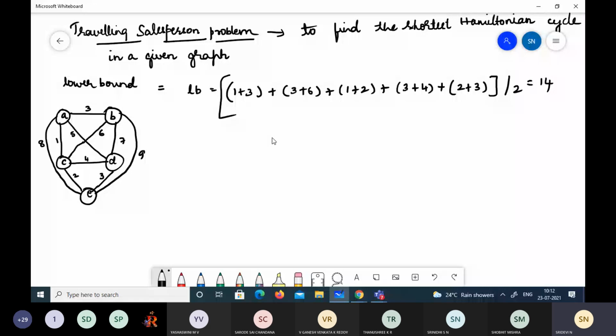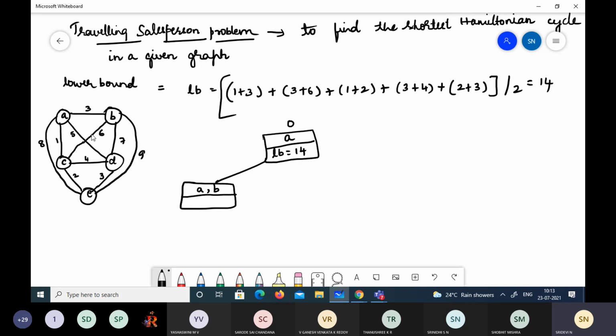Now let's start with the problem. So first the tour starts from A, and this is the 0th node, and we know that the lower bound for this will be 14. Okay, we have taken the lower bound as 14. Now let's consider the tours. From A, I can go to B, isn't it? There are 4 paths.